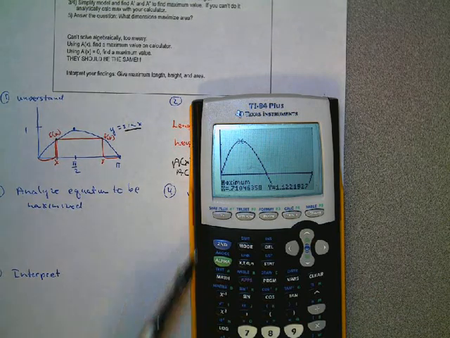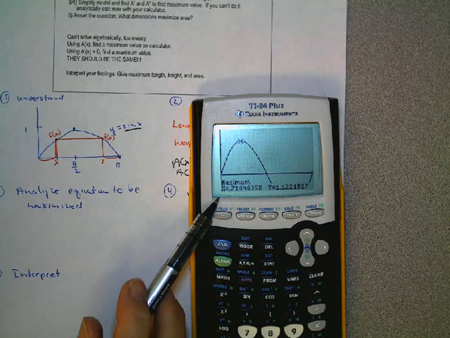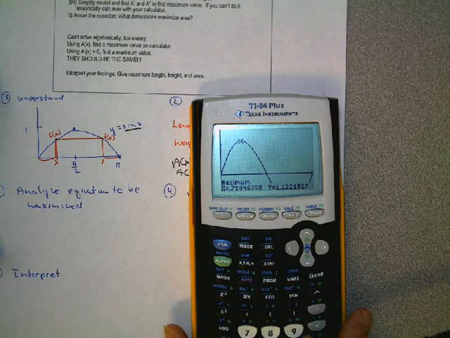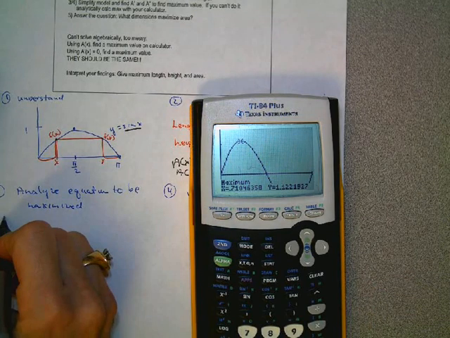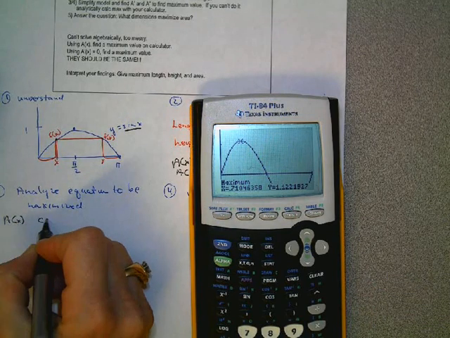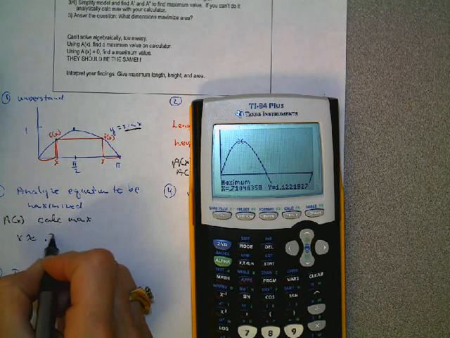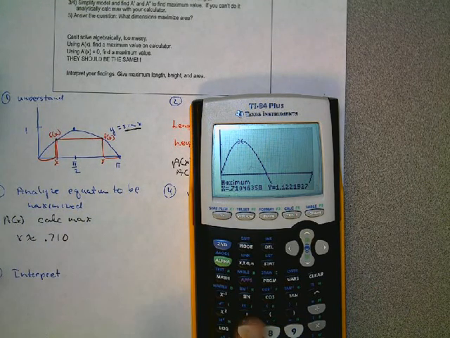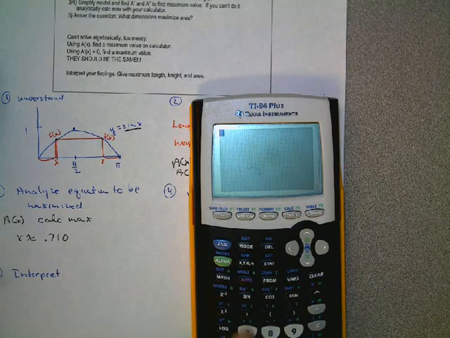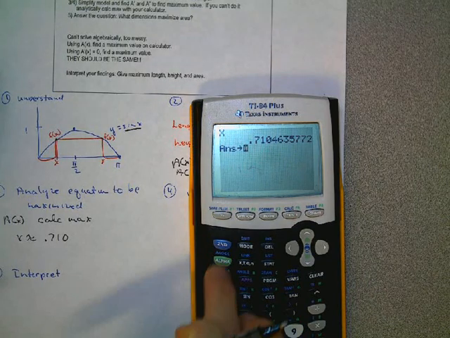And I see that x value is 0.710. I'm going to calc the max. That's what I did, and x is approximately equal to 0.710. Now at this point, I've got x, 0.710, and I'm going to store that as a.